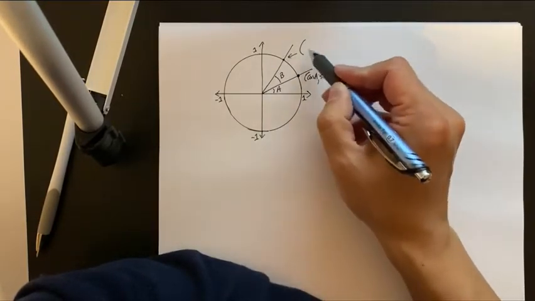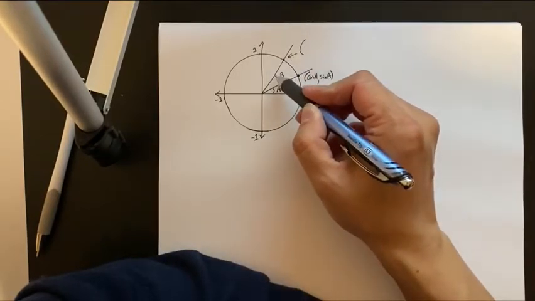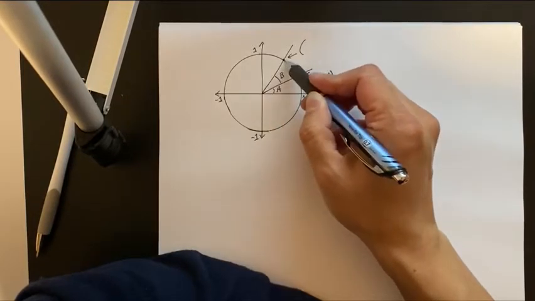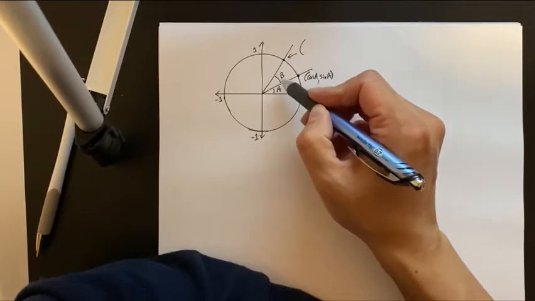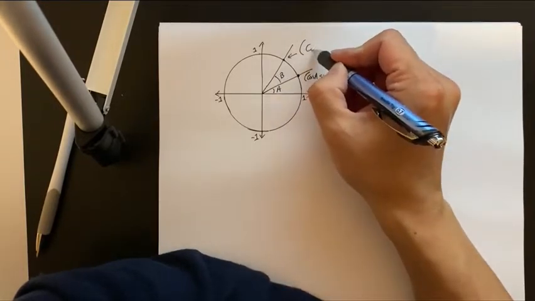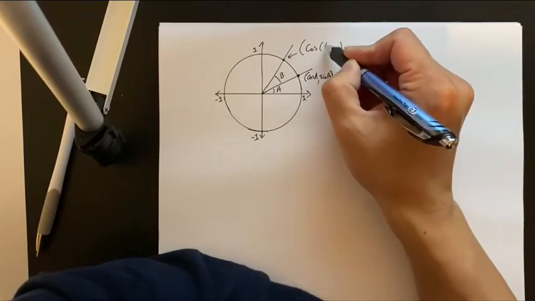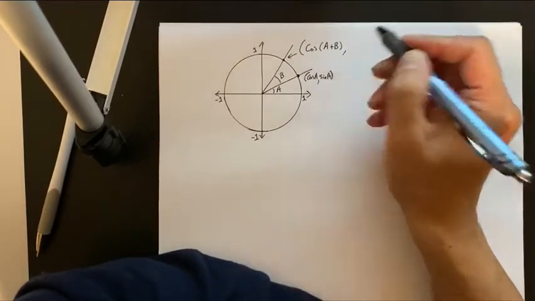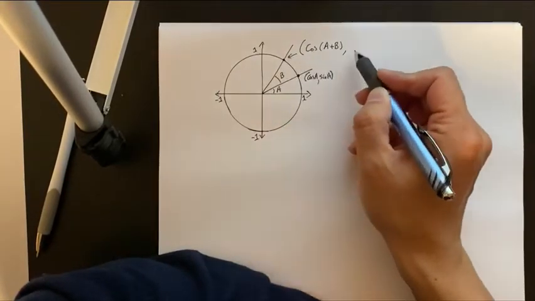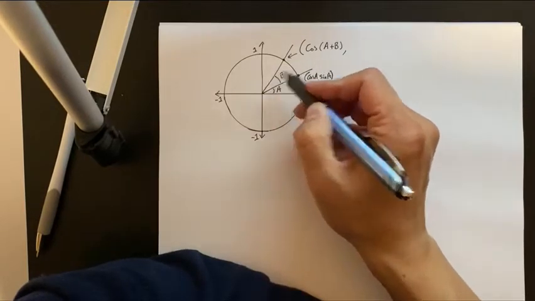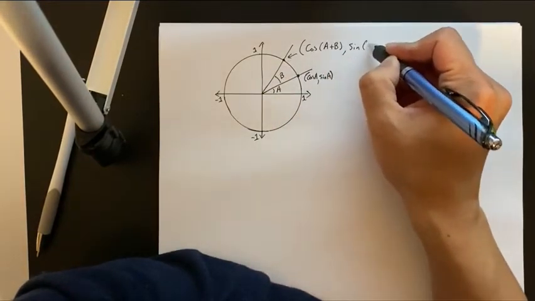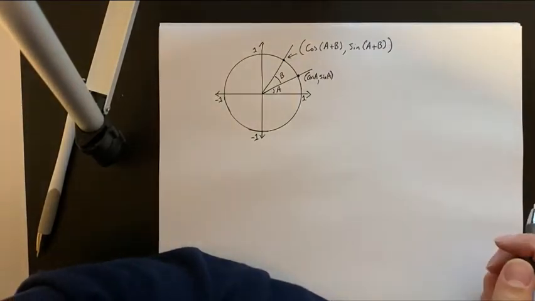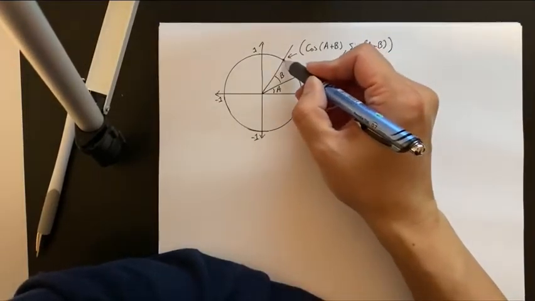The x will be cosine of this whole angle, because this whole angle gives us this position, and this whole angle is A plus B. So this would have to be cosine of A plus B. What would be the y value of this point? It would be the sine of this whole angle, the sine of A plus B. See that? These are straight lines.